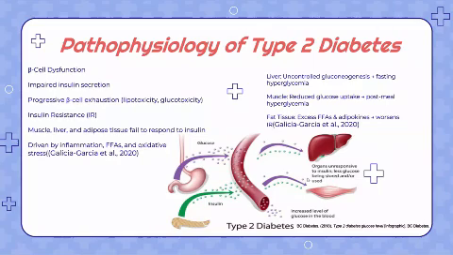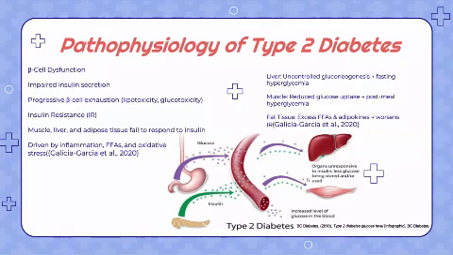In type 2 diabetes, muscles become less responsive to insulin, so they don't absorb glucose efficiently after meals, leaving more sugar in the bloodstream, and the liver continues to produce glucose even after eating, contributing to high fasting blood sugar levels.